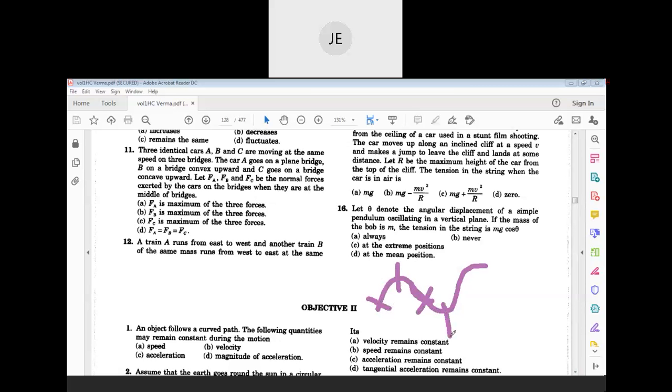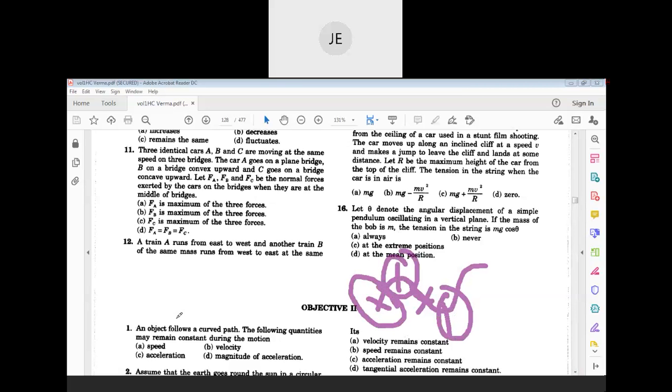So here the free body diagram is mg downwards, normal force upwards, mv square by r upwards. And here the free body diagram is normal force upwards, mv square by r downwards, mg downwards. That is very important. And here, it is ascending, they have given.